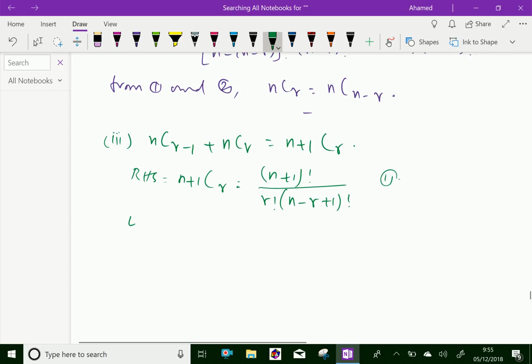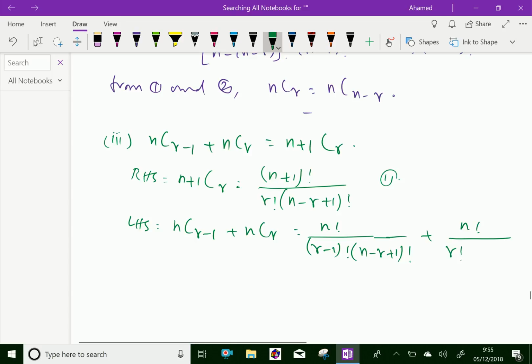Now LHS equals nC(r minus 1) plus nCr, which we can get as n factorial over r minus 1 factorial into n minus r plus 1 factorial, plus n factorial over r factorial into n minus r factorial.